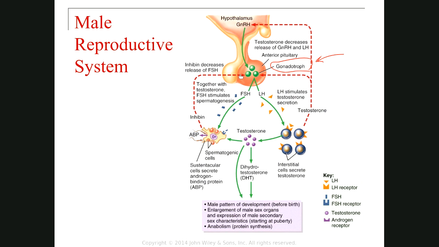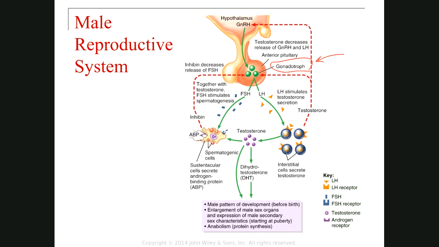It doesn't let the gonadotrophs make FSH. So by negative feedback, the amount of sperm production and ABP and testicular fluid decrease. So the testicular fluid and the sperm, which are now in the seminiferous tubule, have enough time to pass to the other part of the testis and the other part of the duct system.